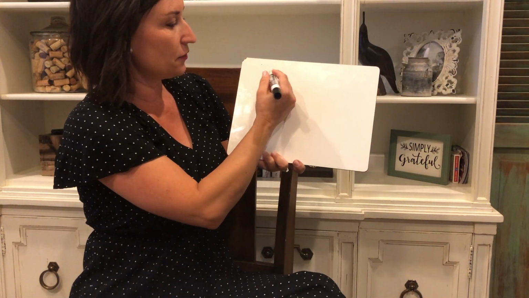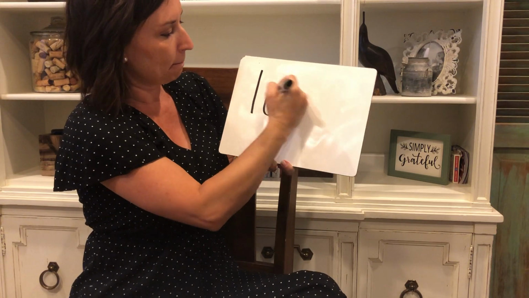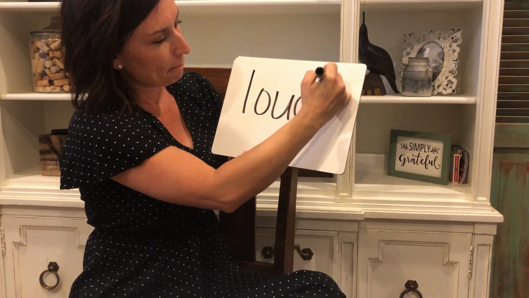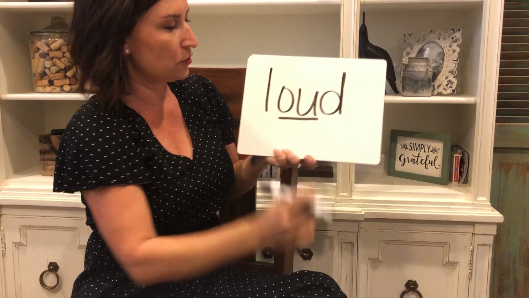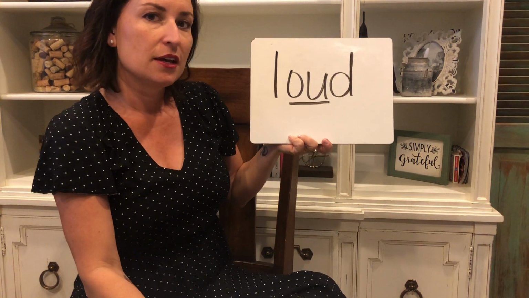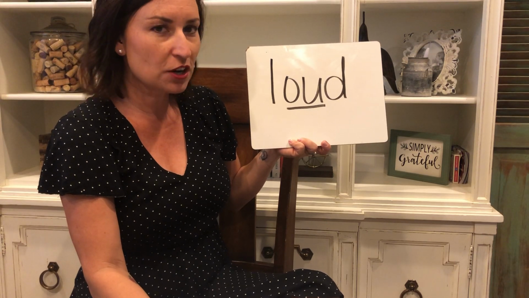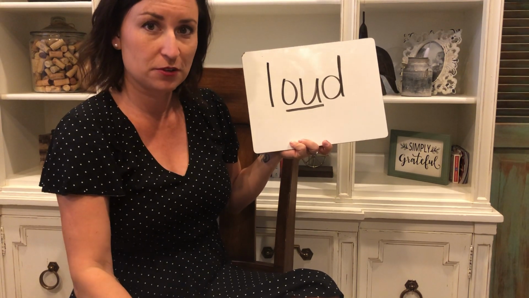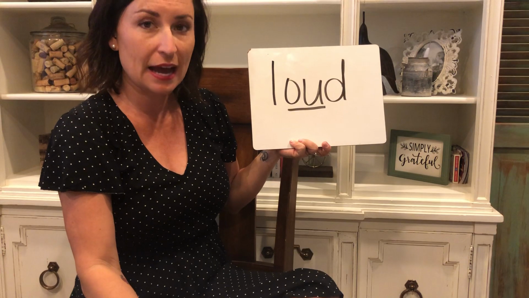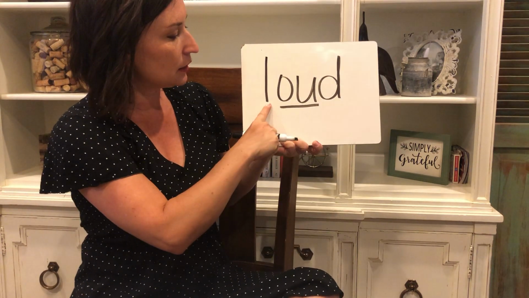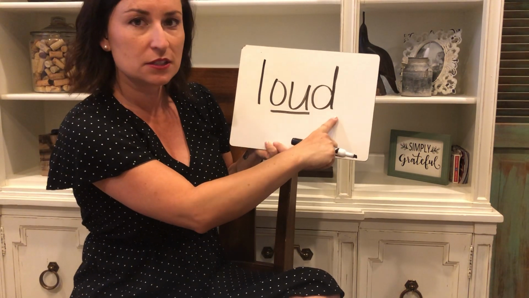So let's write this first word. I'm going to even underline my phonogram so you can see it. Do you see it in the middle of the word? All right, so let's try making the first sound of the phonogram. Remember, the first sound is ow, okay? L, ow, d.